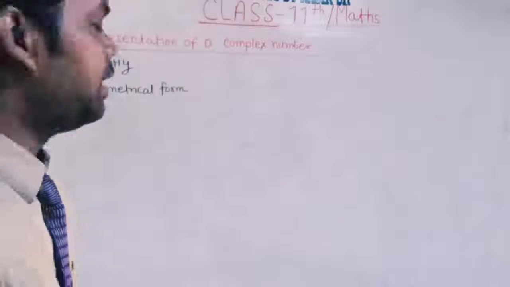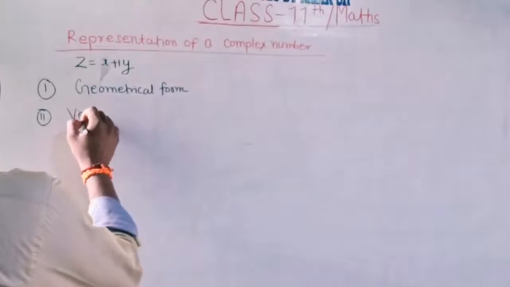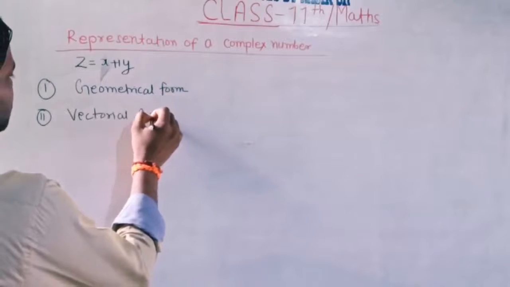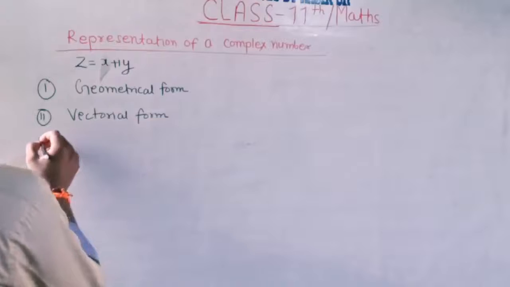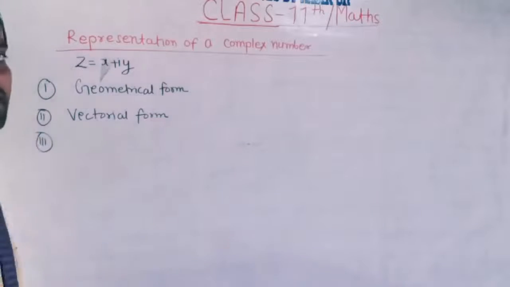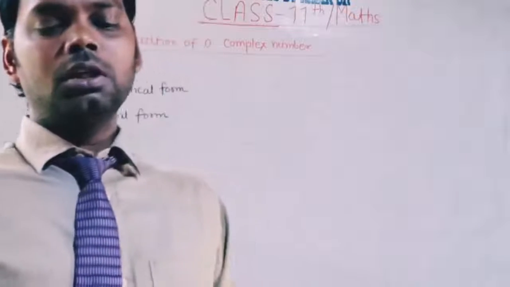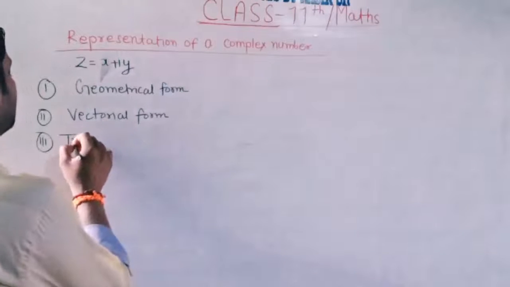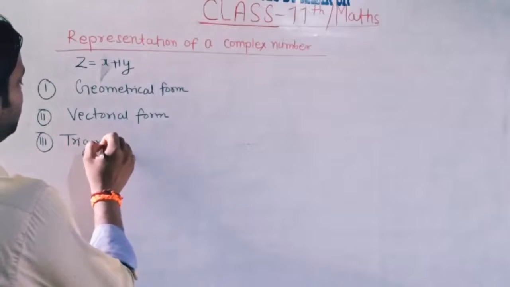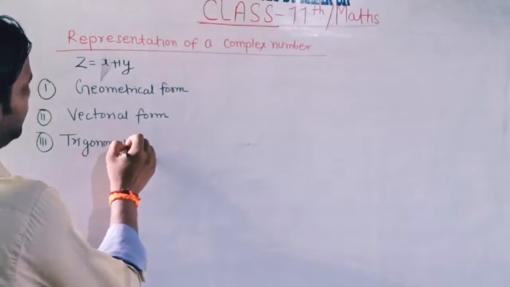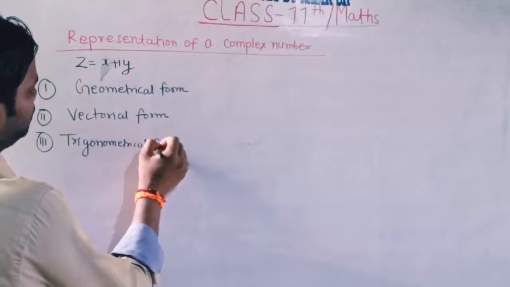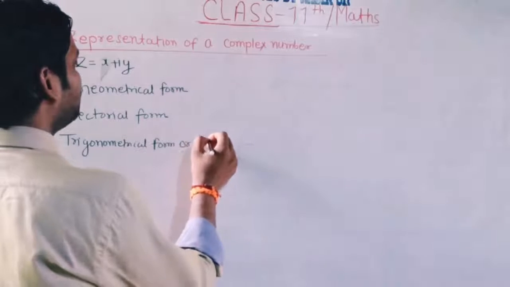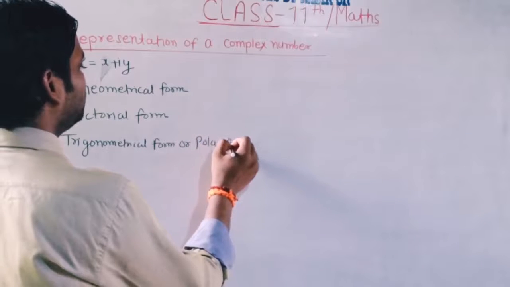The third is trigonometrical form, or this is also called polar form.